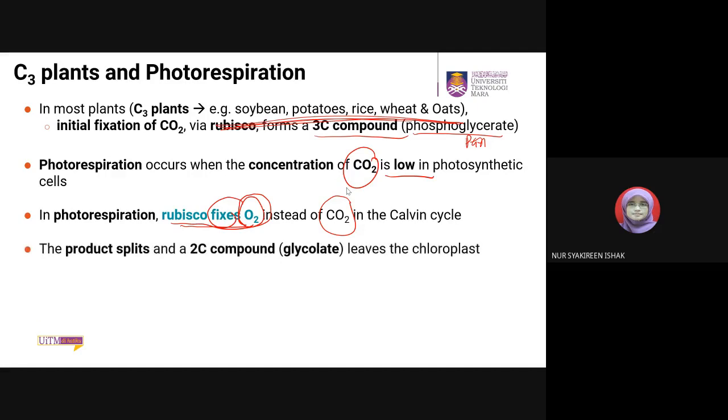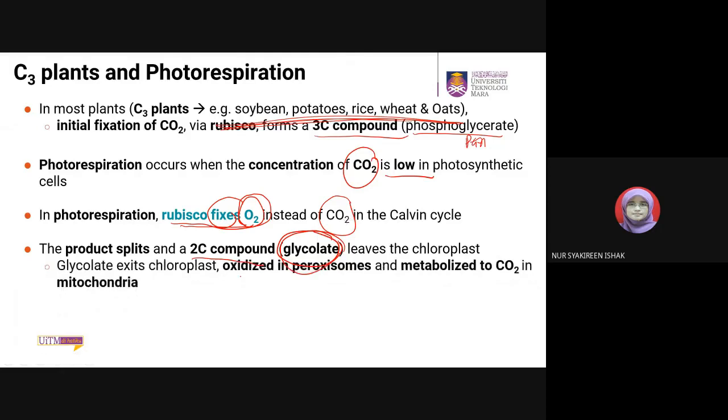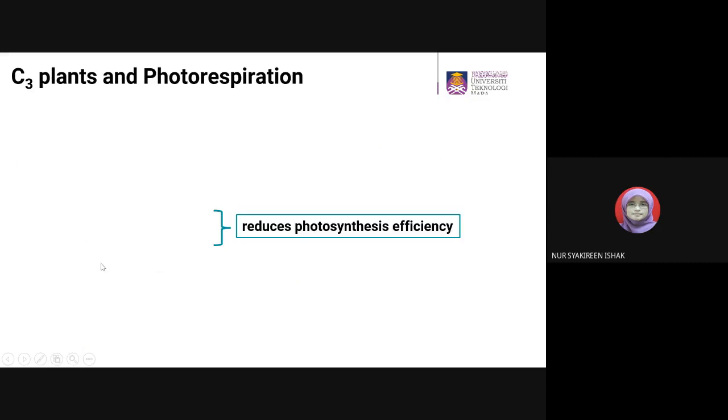So the product splits into a 2-carbon compound, which is glycolate. The glycolate will leave the chloroplast and be oxidized in the peroxisome and metabolized to carbon dioxide in the mitochondria. Alright, itu proses yang berlaku semasa photorespiration lah.